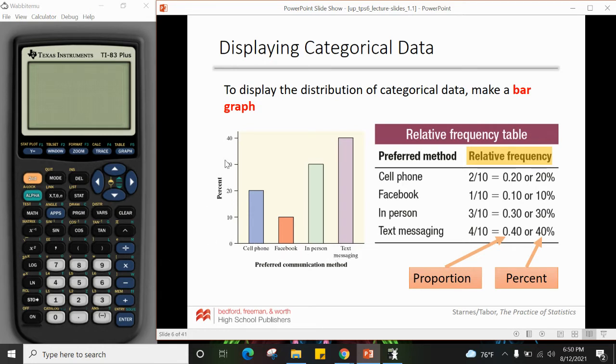And on the left-hand side, the percentage is my label. Because this graph would look very different if instead of percentages, I had counts or frequencies. The numbers would be all different. If I had frequencies here and kept this as 10, 20, 30, and 40, that means that 10 people said they prefer Facebook, 20 people said cell phones. That's not the case here. 10% did, and 20% did. So you have to label your graph accordingly.